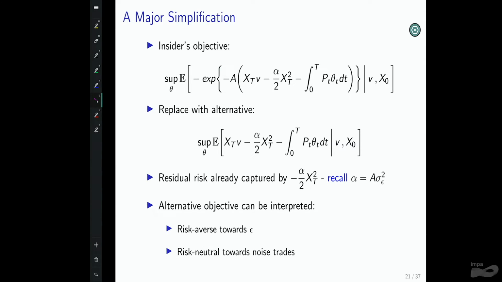By integrating out the residual risk and then sort of dialing back down to a risk-neutral version, we're basically still risk-averse towards epsilon, but we're now behaving in a risk-neutral manner towards the noise traders. This is a huge simplification in terms of tractability. We have a huge number of problems if we don't make this change. Okay? We basically can't make any progress if we don't make this change.